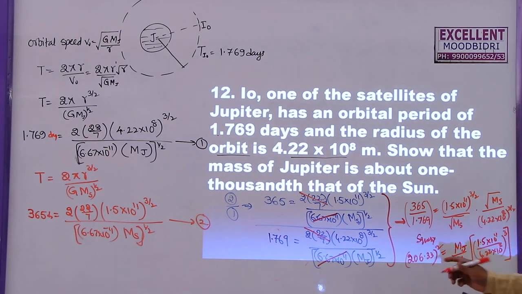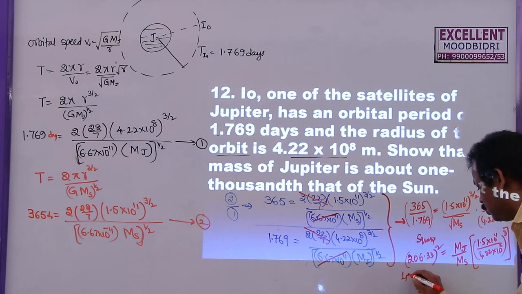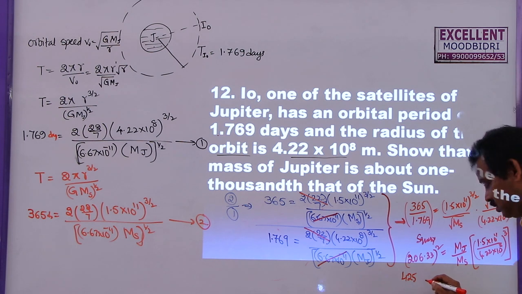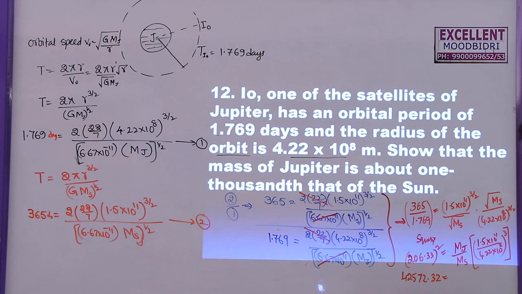Now 206.33 into 206.33 will be 42572.32. This is the left side value, and on the right side we have the mass of Jupiter by the mass of Sun. You can see this 10 power 8 cancels with 10 power 11, leaving 10 power 3. So this is 1.5 into 10 power 3 by 4.22 whole cube.